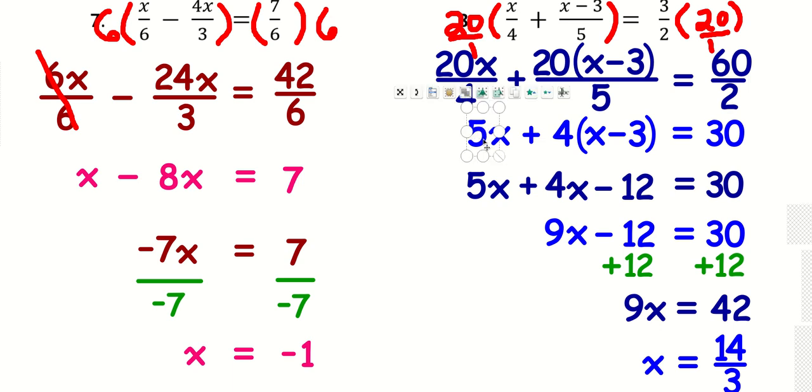And then when the 20 gets multiplied to this fraction, the 20 cancels with the 5, but there's still a 4 left over to get multiplied to the x minus 3, which needs distributed. And then over here, the 20 cancels with the 2, but there's still a 10 left over to get multiplied to that 3, which is where the 30 comes from.